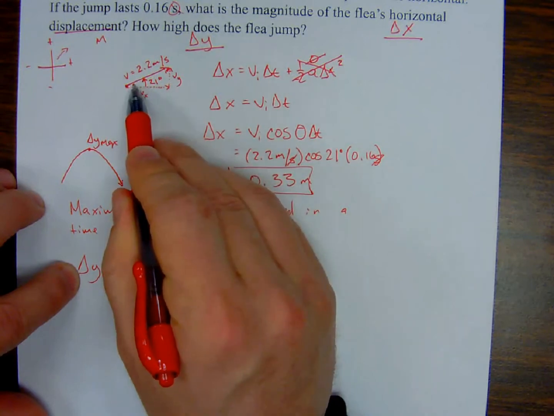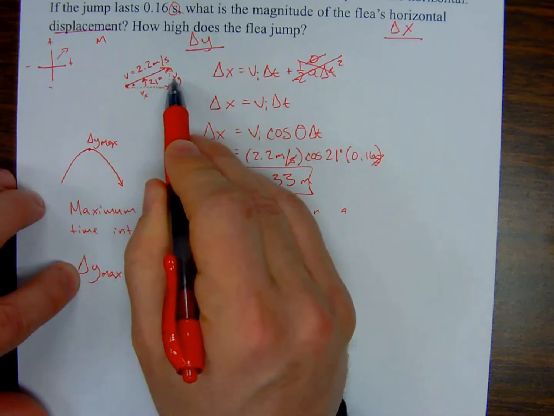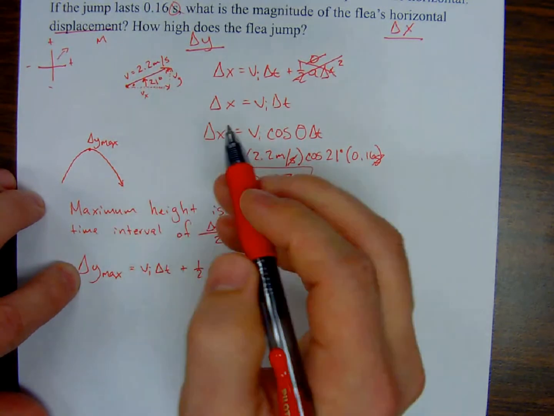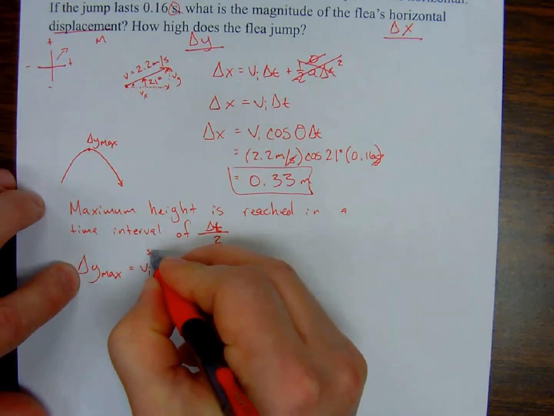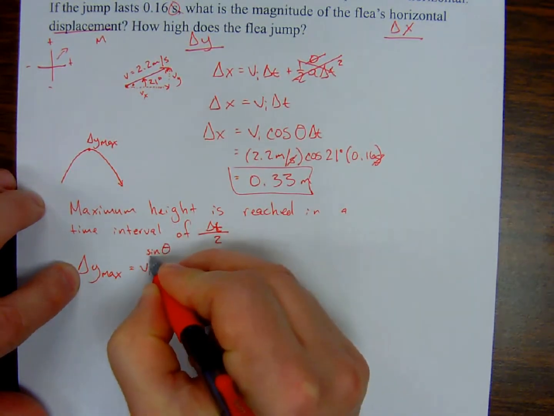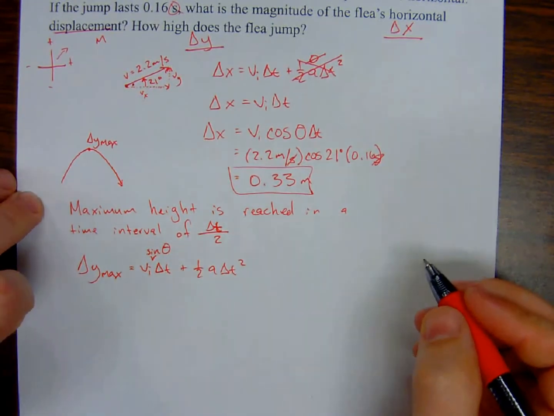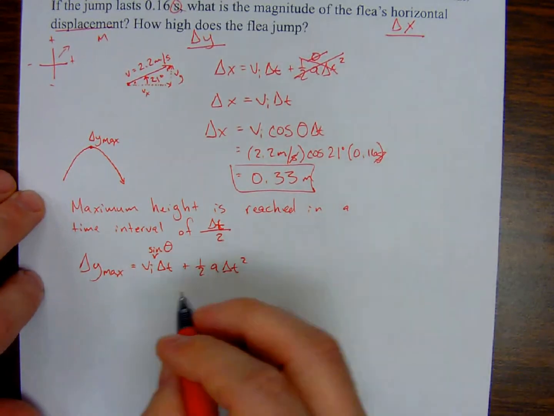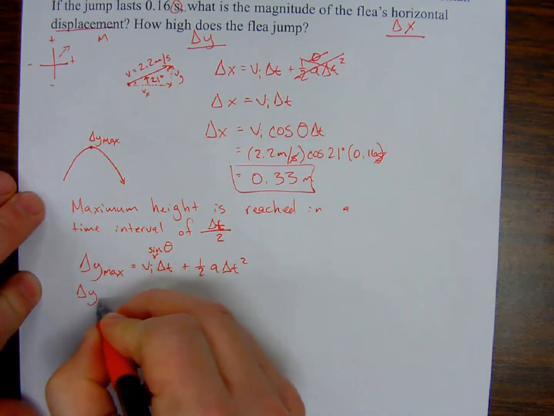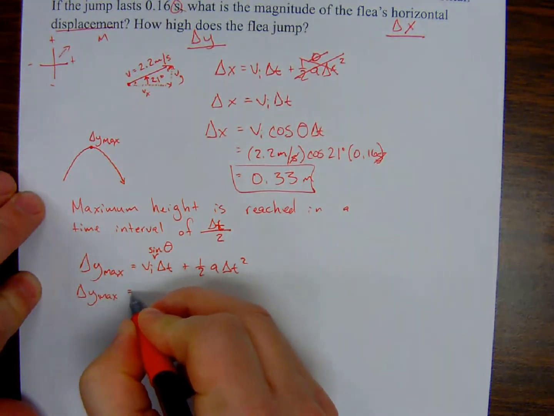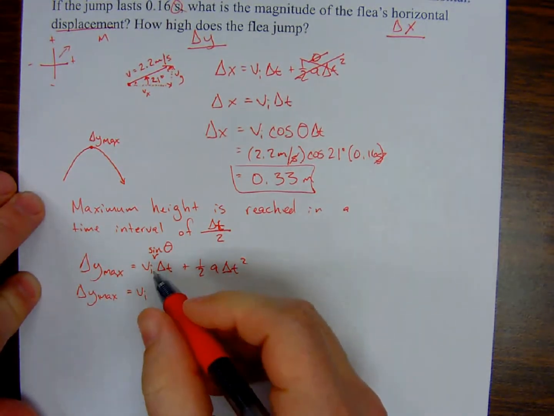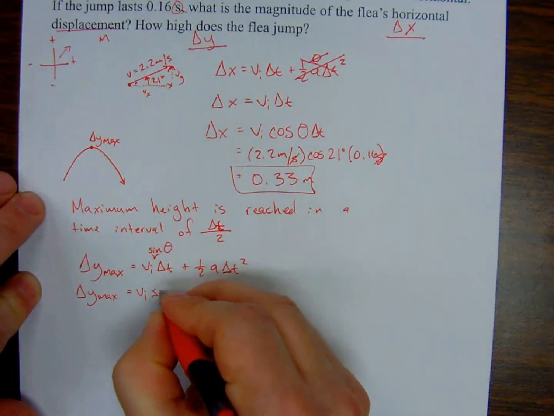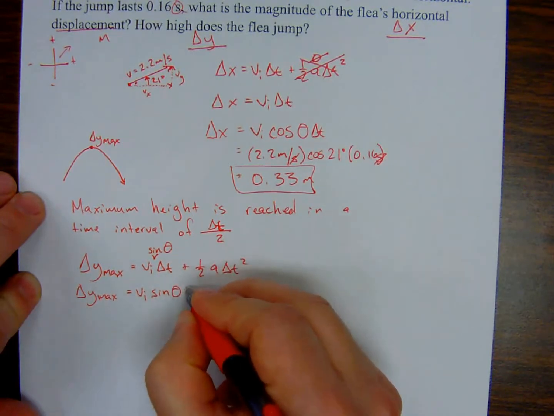So I'll really be using an equation that looks like y max is equal to that initial velocity that the question gave me, times the sine of that angle, times, not delta t, but half of delta t, plus 1/2 acceleration, and again, I'm not going to use my normal delta t squared.